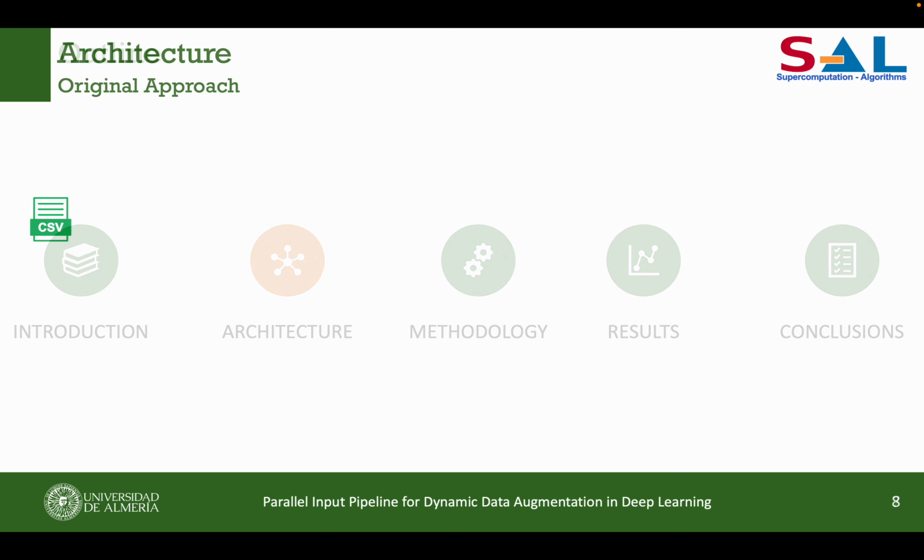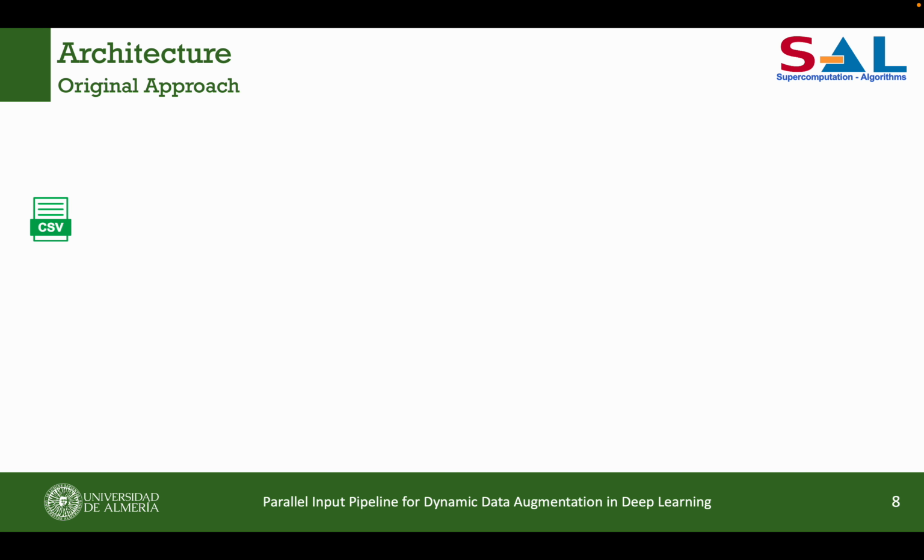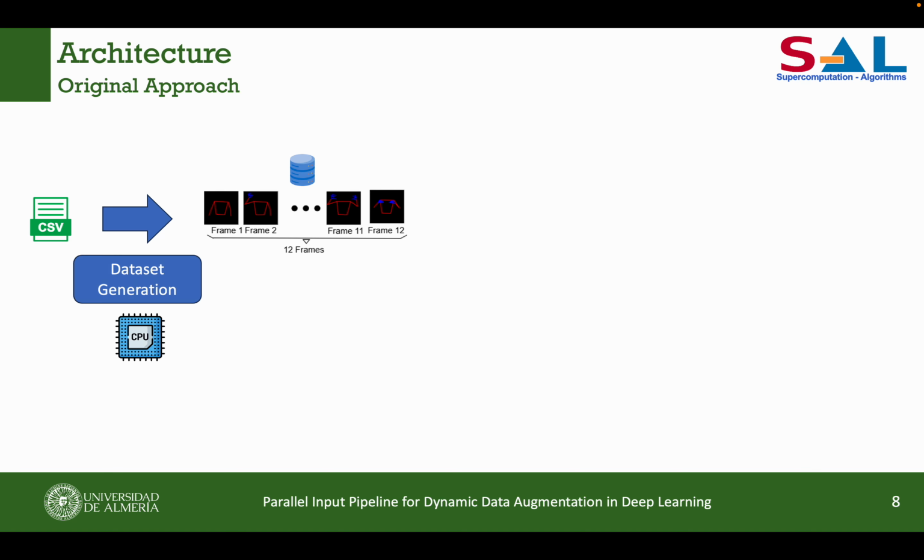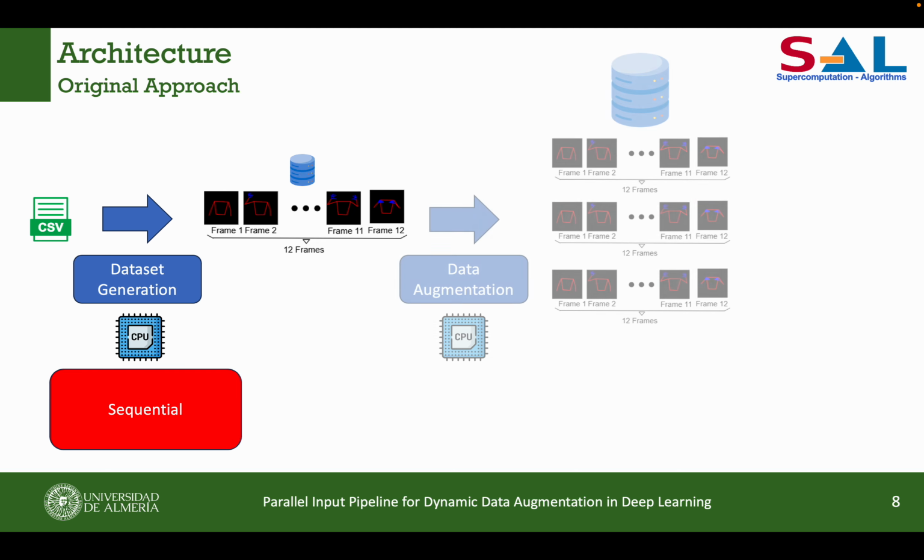So now we are dealing with the architecture. In this problem, we have a CSV with all the key points of the pose. This CSV represents a sequence of poses which is assigned, for example, the letter A. In these kinds of problems, first the dataset is generated, all the images and all the data are generated beforehand, which is a sequential and CPU-bound process.